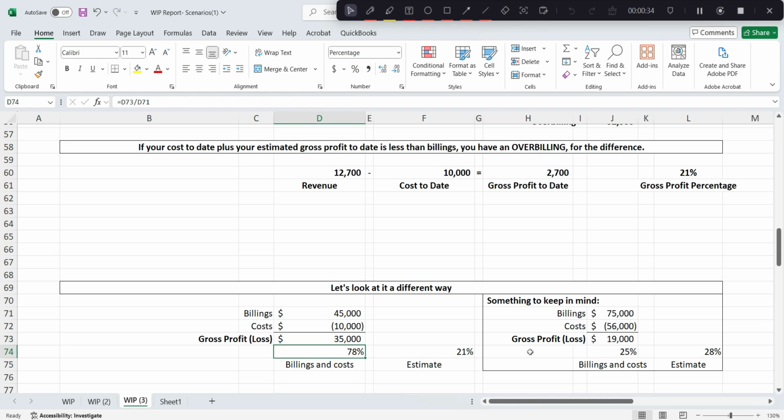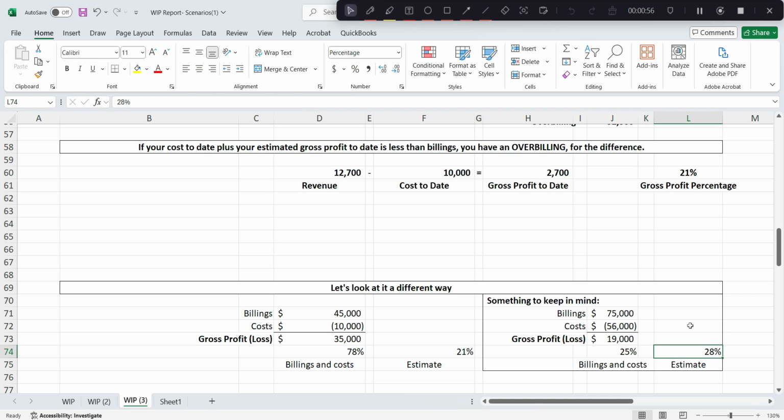Now, something to keep in mind, just because your billings are further along than your costs, it doesn't mean you're overbilled. In this separate example, we had billings of $75,000 and costs of $56,000 with gross profit of $19,000 and gross profit percentage of 25%.